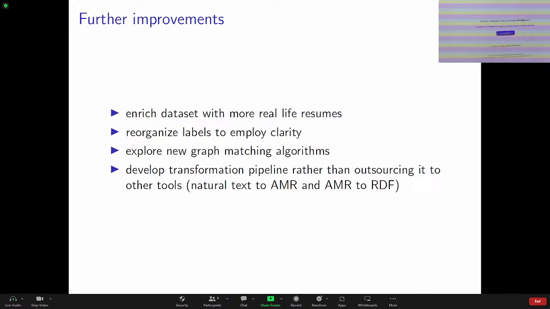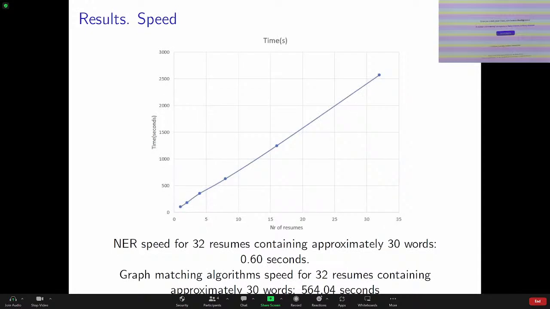Do you have issues with time processing? Yeah. The named entity recognition, if you go back one slide, on 32 resumes of approximately 30 words completed in 0.6 seconds, and the graph matching algorithm by itself on the same data completed in 564 seconds, so that's 10 minutes more or less.